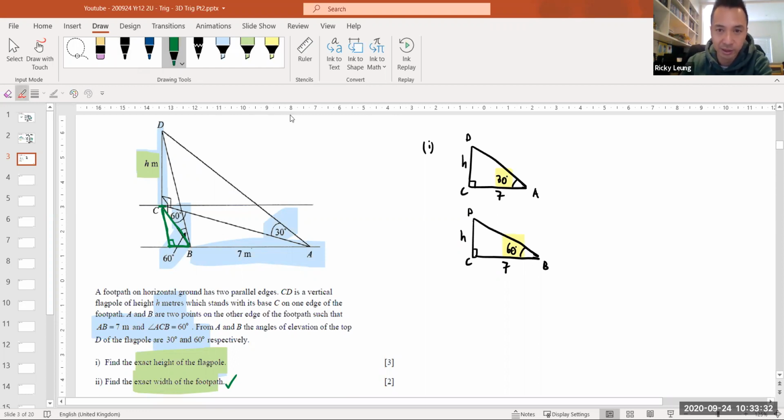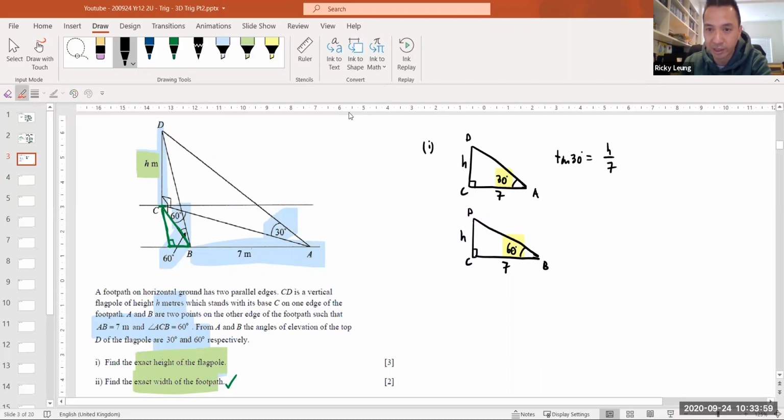So once again, as discussed in the last question, smart idea, use these angles upstairs. It just makes for easier exact values. So let's have a look. Actually, for this one, it literally doesn't matter because the exact values are there. So I won't use the green because I'm going to be subbing in the exact value. So the expression is easy anyway. So tan 30 degrees equals h on 7.